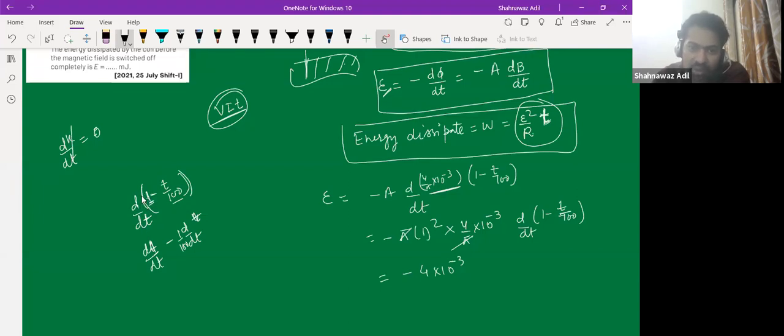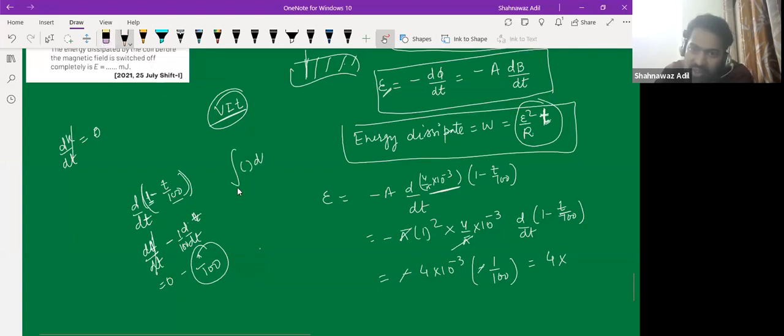One is constant, so there would be no change, so the change would be 0. This is d by dt, differentiation, not integration. This is 0, and dt by dt is 1.